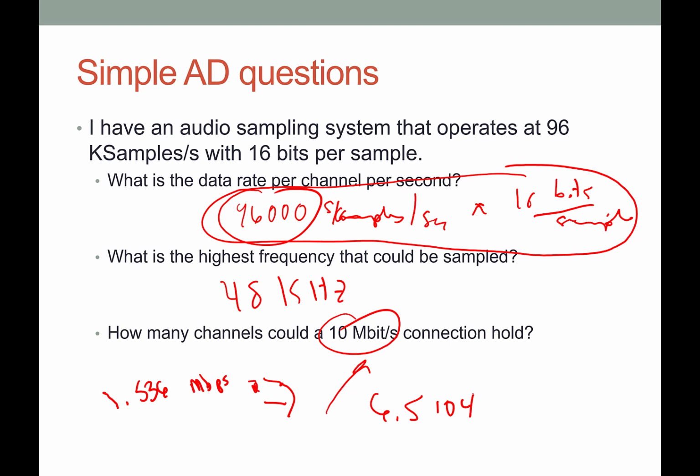So I can have 6 channels. If I had 7 channels, it would go over the 10 megabits per second, and I wouldn't be able to do it.